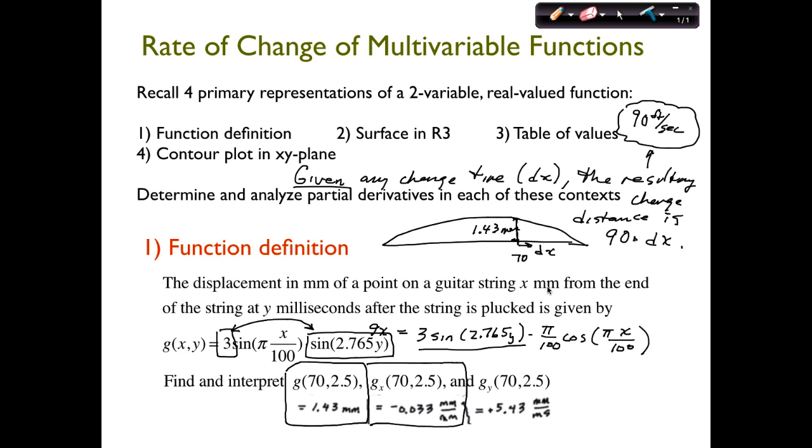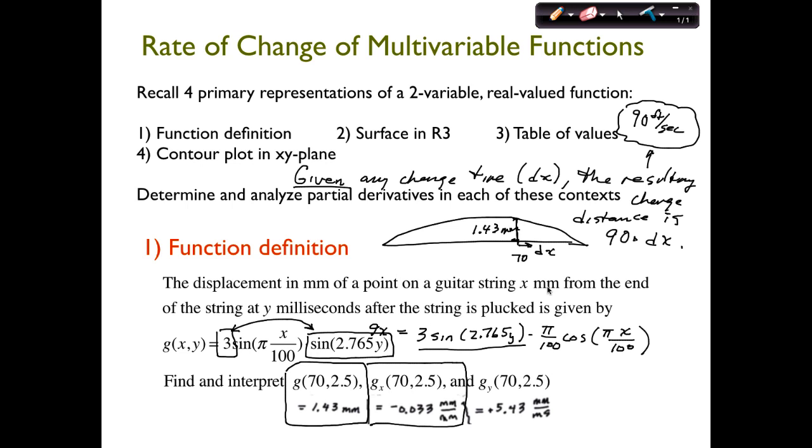And what does this number tell me then? Max, want to try? Okay. For time equals 2.5 milliseconds, for every change in distance at the point. Yeah. Distance. Good. You have to multiply that by negative 0.033.